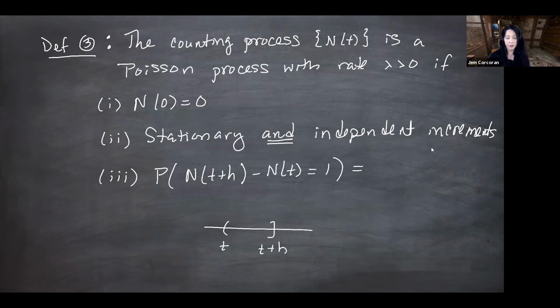The assumption for this definition is that this is lambda h plus little o of h. And it only kind of makes sense to talk about little o of h by following it up and saying that h is going to 0. So the interval has length h. And so our assumption here is that the probability of exactly one event in there is proportional to the length of the interval plus some stuff that's going away. In this case, the constant of proportionality is lambda.